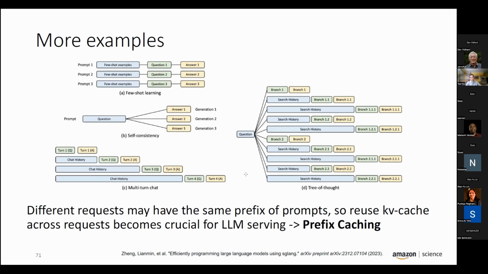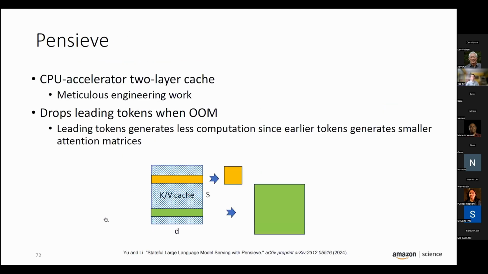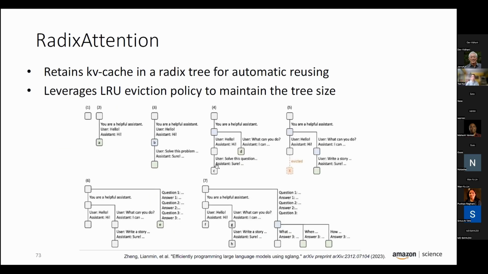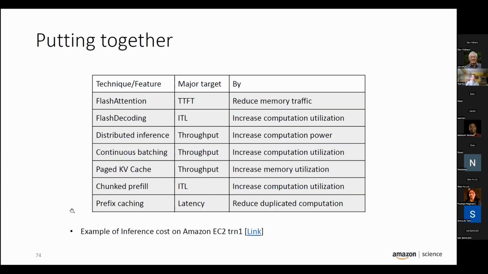So it's just caching and reuse, and there are different techniques and fancier ways to do it. There's this Pensieve technique, and here you see these radix trees built for caching all this stuff. We have a slide here that summarizes all these different techniques and how they reduce time to first token or throughput or whatever.